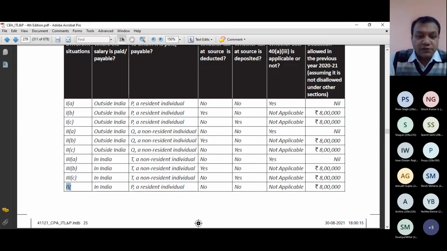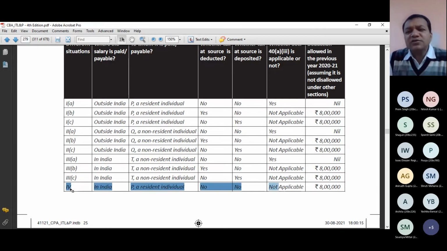And if you see situation 4, in India, resident. Now, salary paid to a resident in India is not covered under 40A3. So, tax not deducted, tax not deposited, but still I cannot say that deduction will be 0, because the section itself is not applicable.